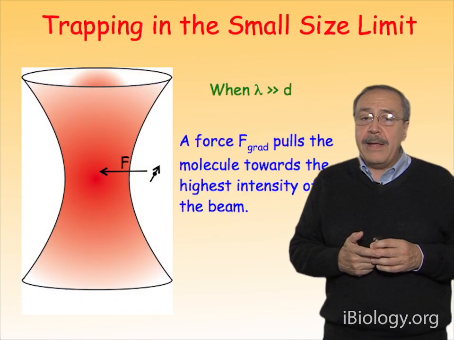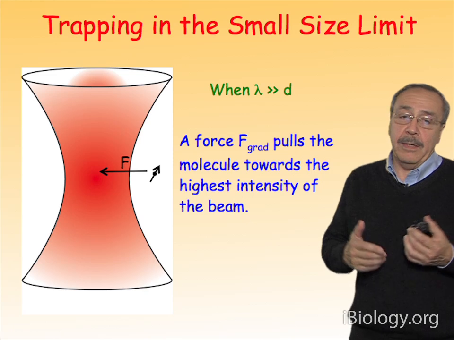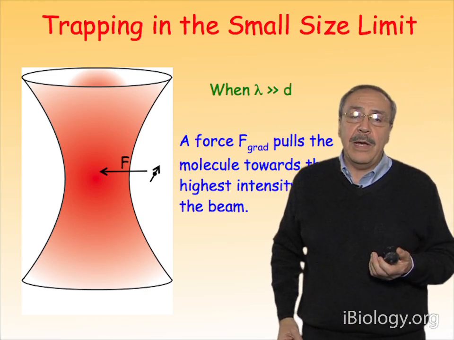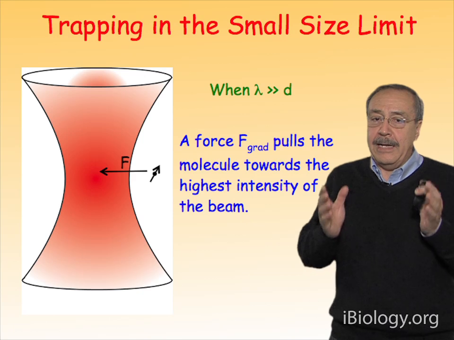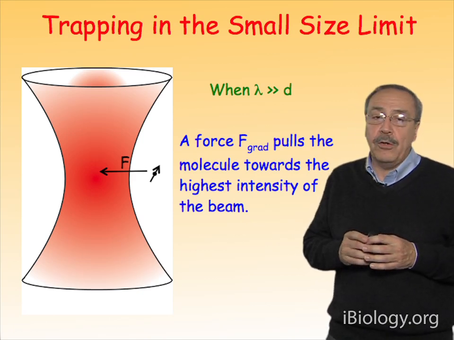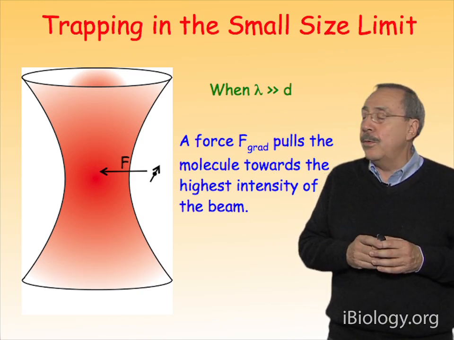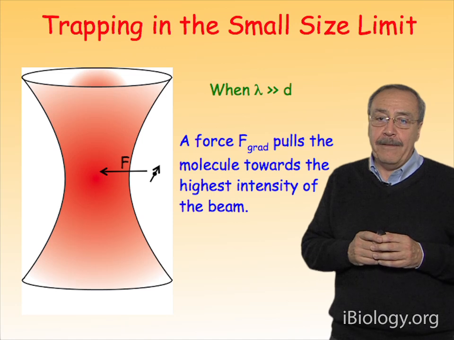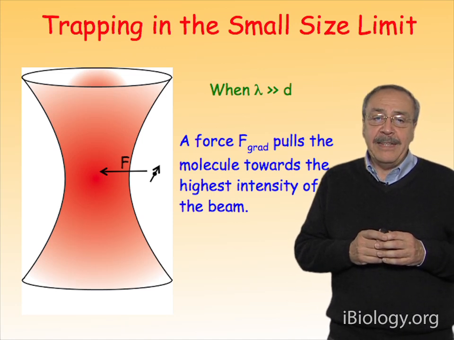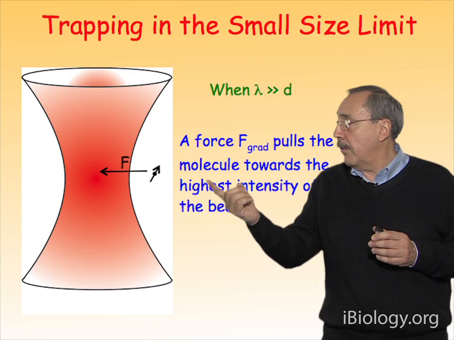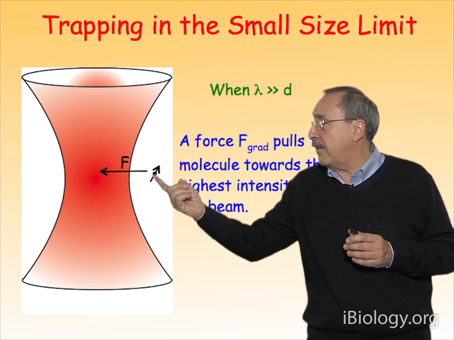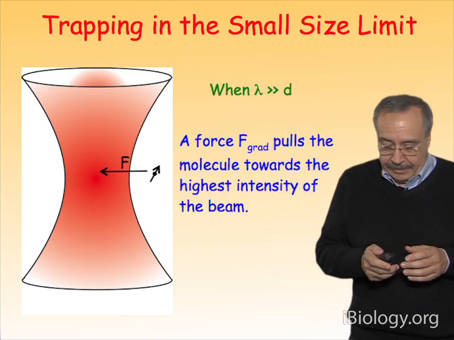Okay, so to summarize, if you have a dipole moment, a molecule, an atom, and you have it close to one of these intense beams of light that have been collimated and focused through an objective, what you will see is that a force appears that is essentially pulling the dipole moment induced in the molecule, right, towards the center, the place where the beam is most intense.